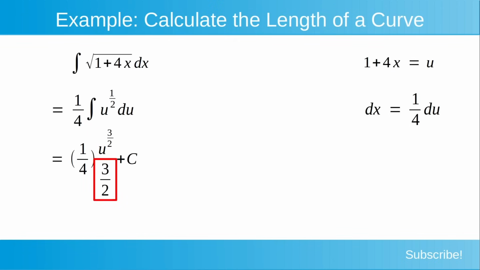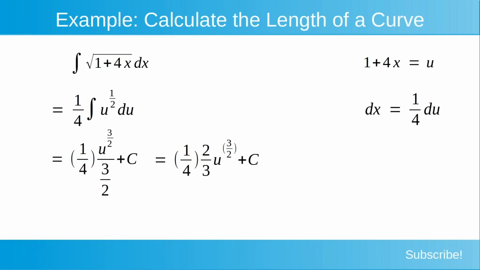We're dividing u to the power of 3 over 2 by 3 over 2. Using our rule for dividing by a fraction, this is the same as multiplying u to the power of 3 over 2 by 2 over 3. When we rewrite this, we get 1 over 4 times 2 over 3 times u to the power of 3 over 2 plus c, our constant of integration.